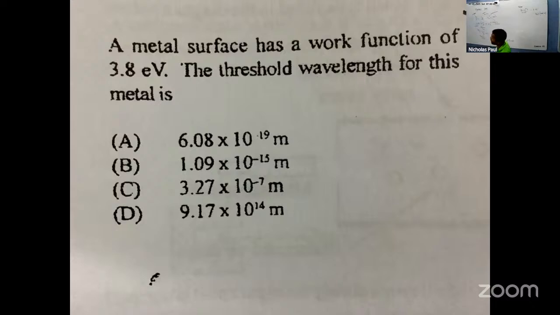The one with threshold wavelength. Threshold wavelength means you're using which of these formulas here? 1, 2, or 3? 3. This one here, right? E equals hc over lambda naught.